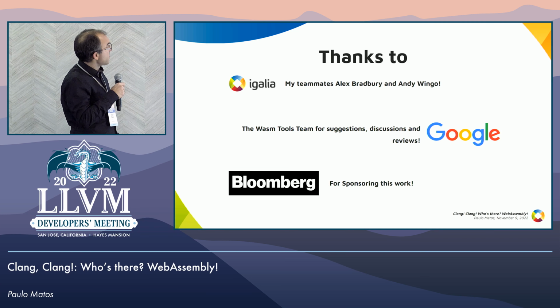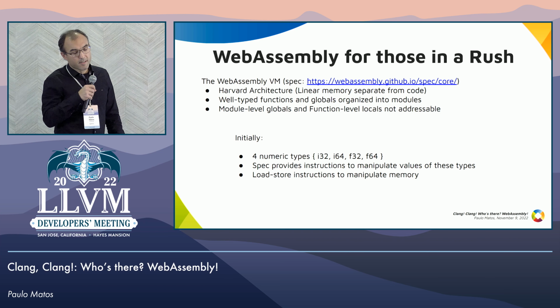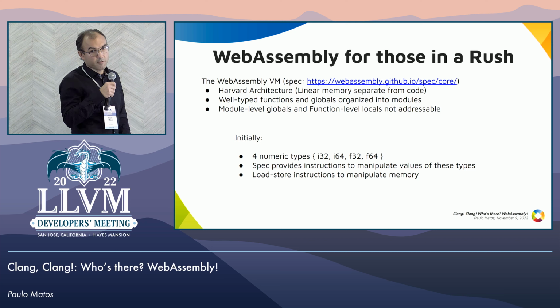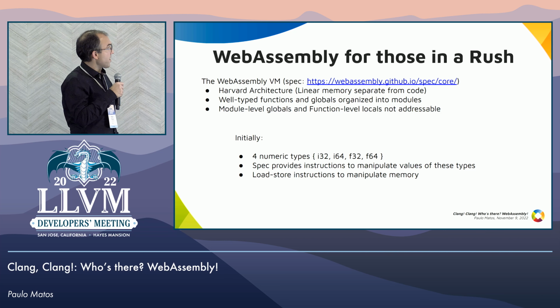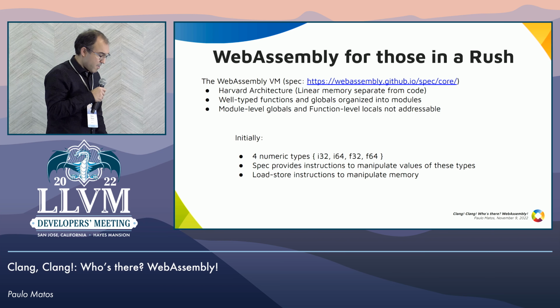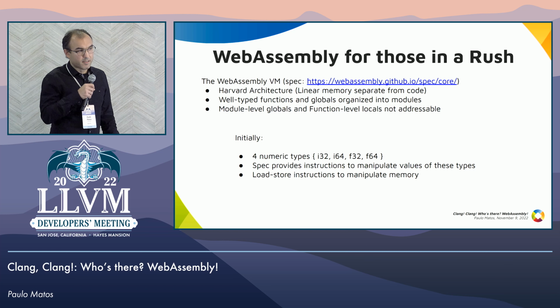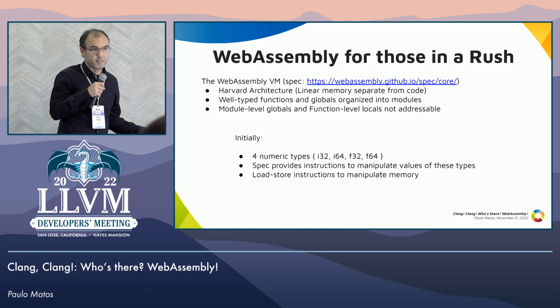So let's start. WebAssembly is a virtual machine, so it's a language that runs on a virtual machine. And it has a specification, an open specification, it's online. One of the things that I would like to clarify at this point is that I'm going to talk a little bit about what is sometimes referred to as the host system.